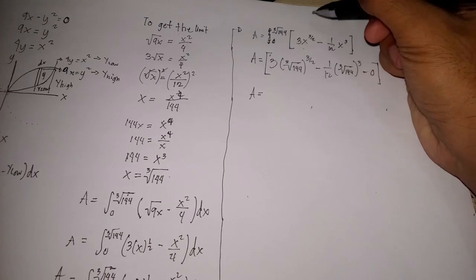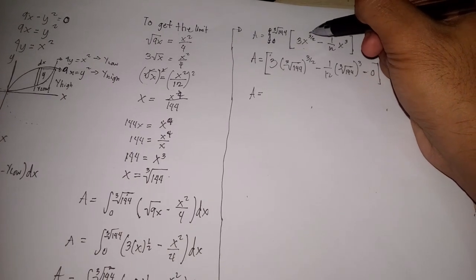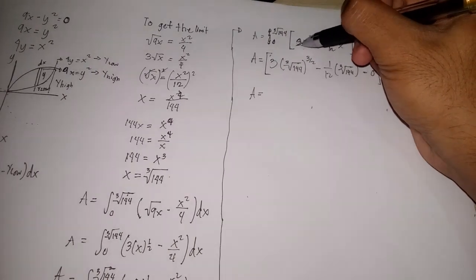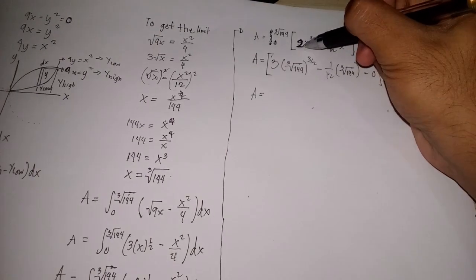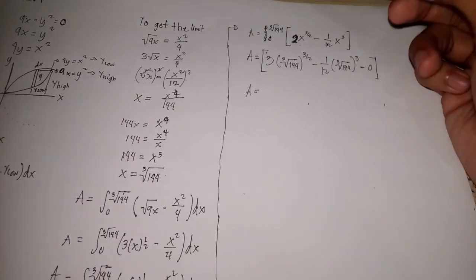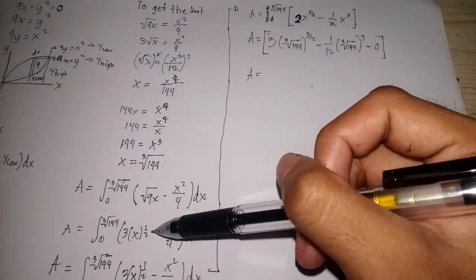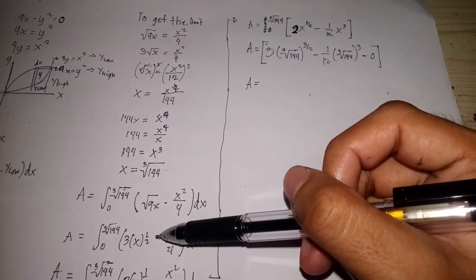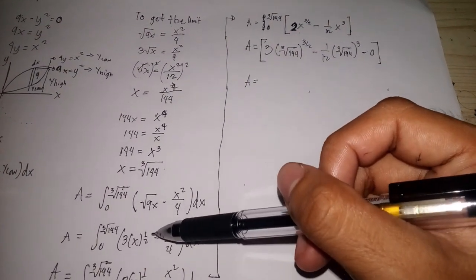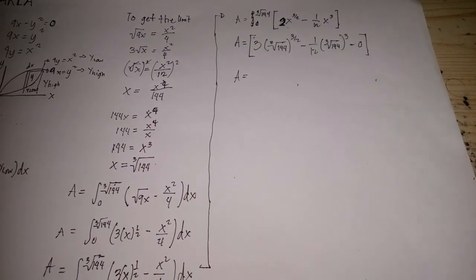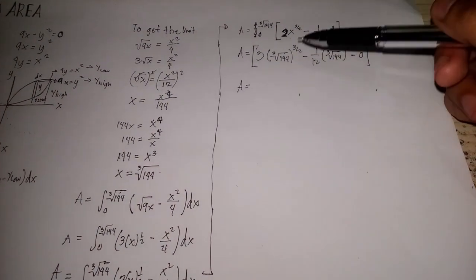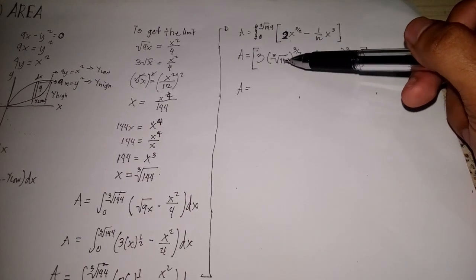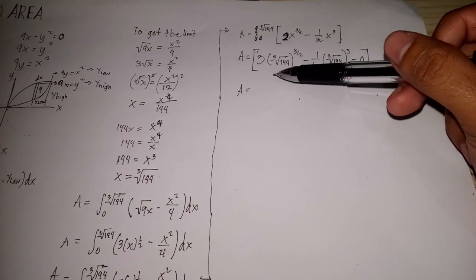this is actually 2, since 6 over 3, because integrating x raised to 1 half, this will become x raised to 3 half over 3 half.